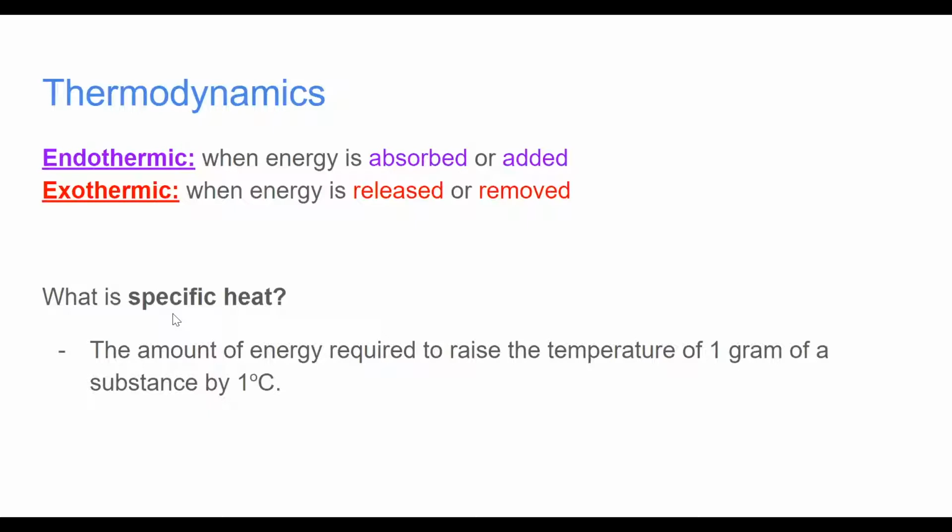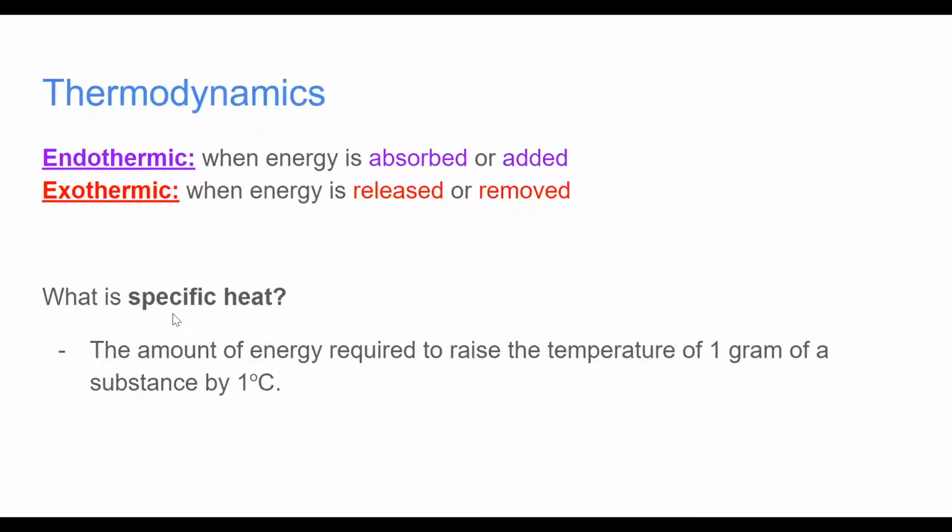And then one more is the heat of vaporization or heat of fusion. Delta H, enthalpy. The change in enthalpy is how much energy you need to change 1 gram of something into a gas or a liquid, a phase change in general.